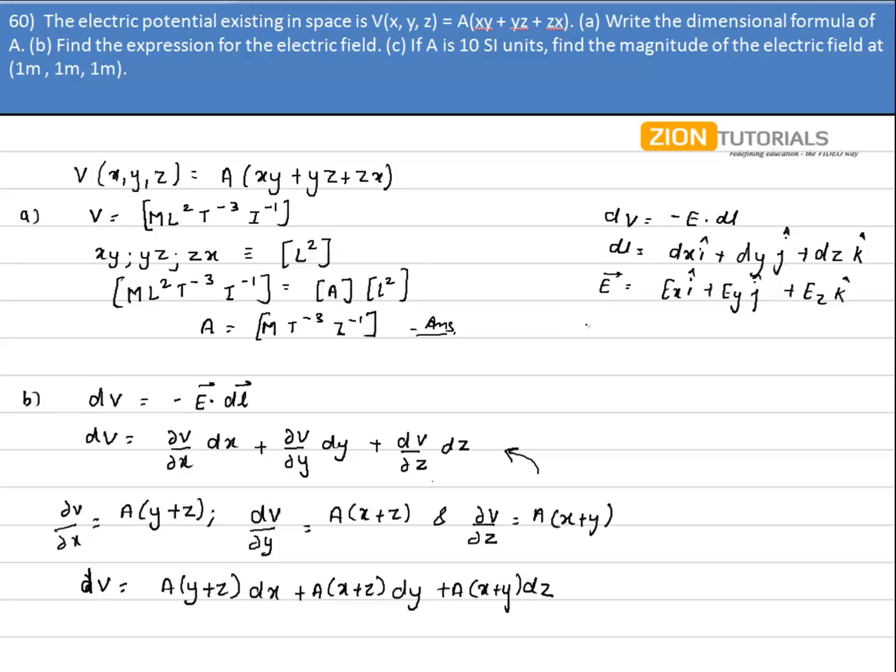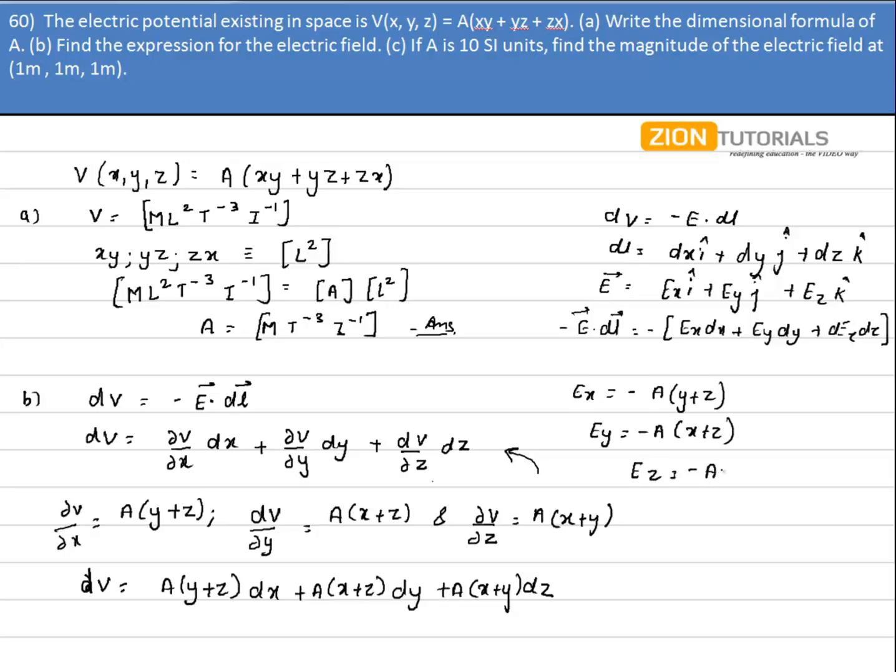So E dot dl, with the minus sign, can be written as minus (Ex dx + Ey dy + Ez dz). Since dV equals minus E dot dl, comparing the coefficients of dx, dy and dz on both sides, we have Ex equals minus A(y + z), Ey equals minus A(x + z), and Ez equals minus A(x + y).